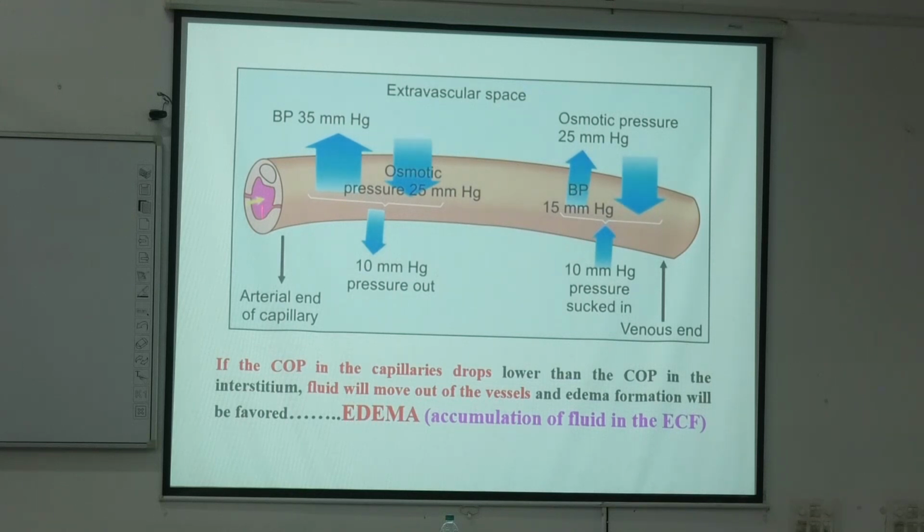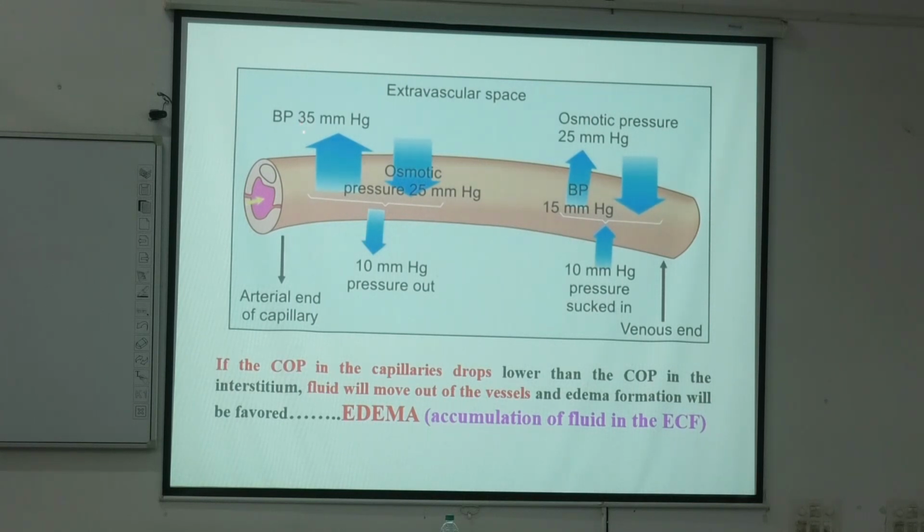See this at the capillary end. The blood pressure at the arteriolar end of the capillary is 35 millimeters of mercury. The colloidal osmotic pressure cannot come out from the capillary, so it remains 25 at the arteriolar end, and 25 also at the venular end. So that osmotic pressure is fixed, that is 25.